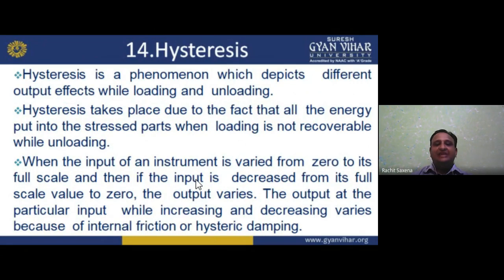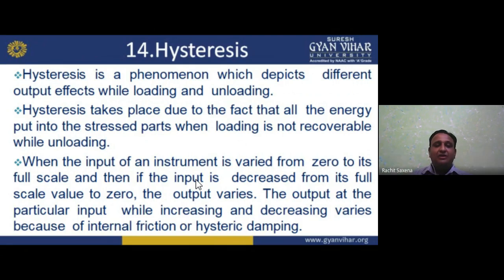Then we have hysteresis. The hysteresis phenomenon can be found in electrical instruments. Hysteresis is a phenomenon which depicts different output effects while loading and unloading an instrument.